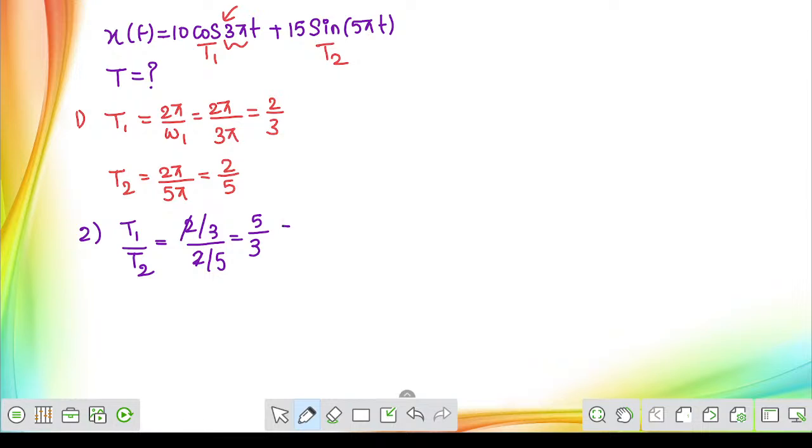Now the resultant number is a rational number. After taking the ratio, if the resultant value is a rational number, then you can say the given signal is a periodic signal. Otherwise, it is not. That you should define properly.